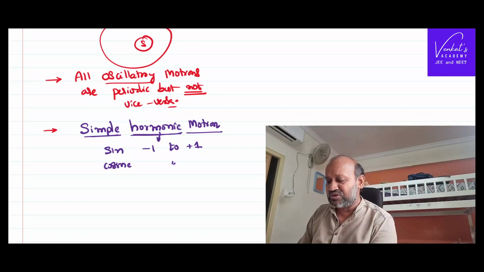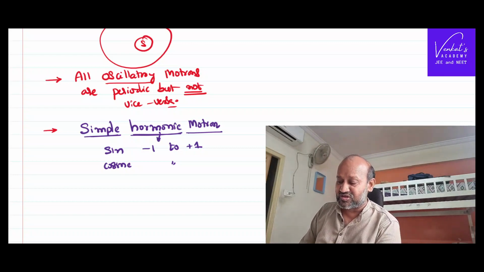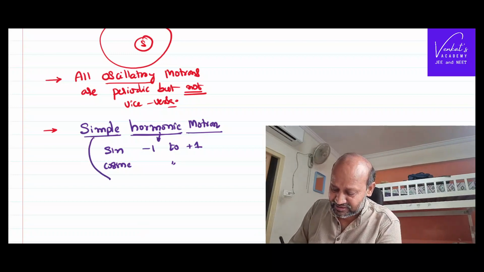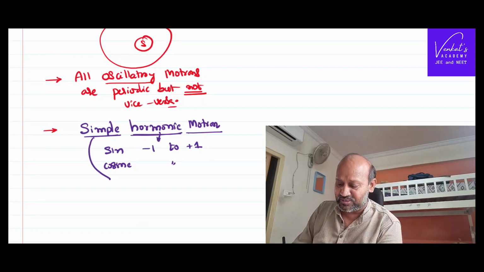For a motion to be a simple harmonic motion, it has to satisfy certain conditions. What are the conditions to call it a simple harmonic motion? Number one, it has to be oscillatory.